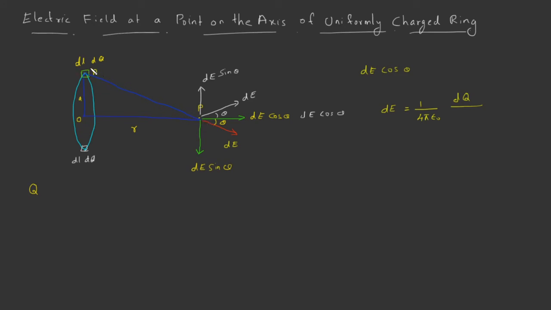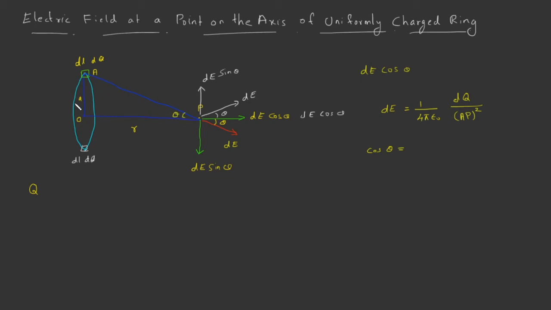Here the distance between the point charge and the point P is AP, so AP square. So we got dE. Now our aim is to find cos theta. We know this angle is theta, therefore this will also be theta.